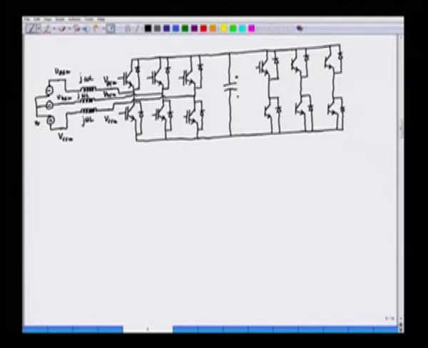The gate circuit, and this is the induction motor which is connected to the 3 phases of the load end converter.